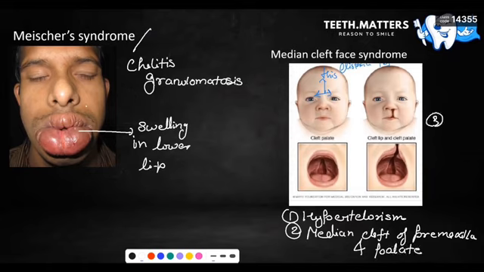And the third feature is cranium bifidum occultum. Here we can see the median cleft in the palate, and it is also involving the premaxillary region.